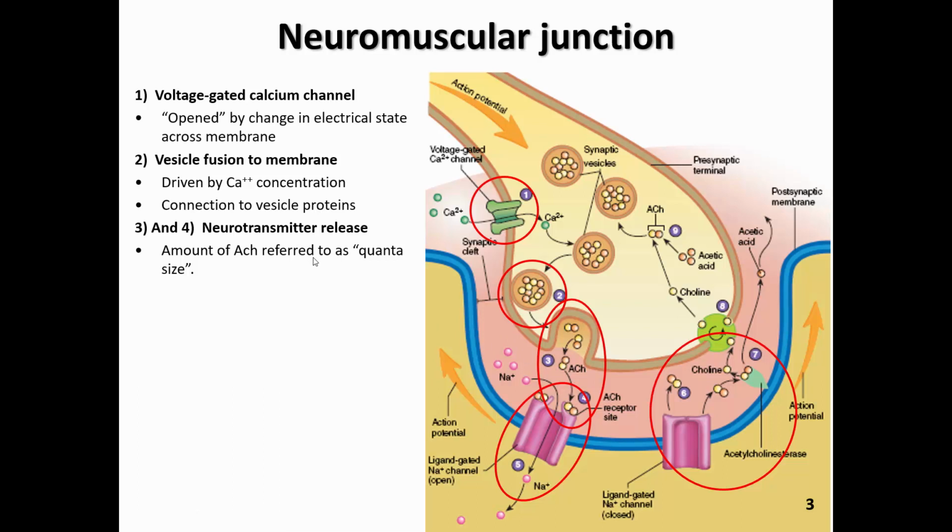And one packet, one synaptic vesicle, can contain anywhere from 5,000 to 10,000 acetylcholine molecules, and one action potential will cause the release of anywhere from 100 to 300 vesicles, each of which contain anywhere from 5,000 to 10,000 acetylcholine molecules. And this is a very fast event that occurs over fractions of a millisecond.